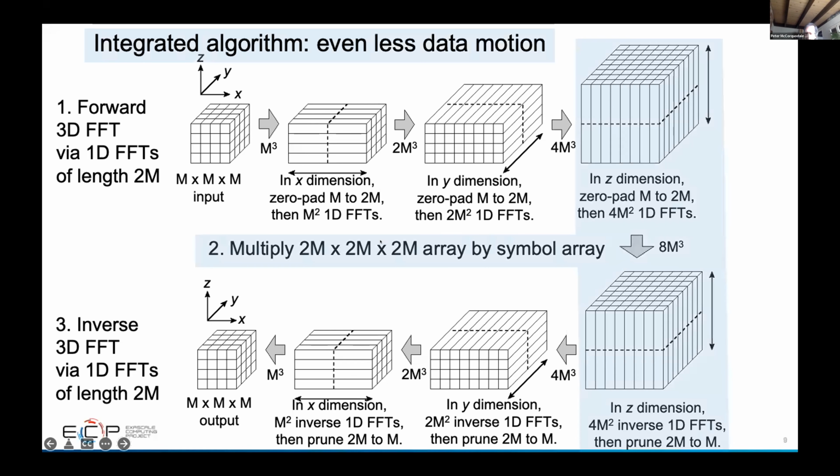And there's a way to reduce data motion even more, which is to combine the parts that I've shown shaded in blue here into an integrated algorithm consisting of the last pass of the forward 3D FFT with multiplication by the symbol array and the first pass of the inverse 3D FFT. This part in blue reads in 4m cubed scalars from the second pass of the 3D FFT and writes out 4m cubed scalars as input to the second pass of the inverse 3D transform.